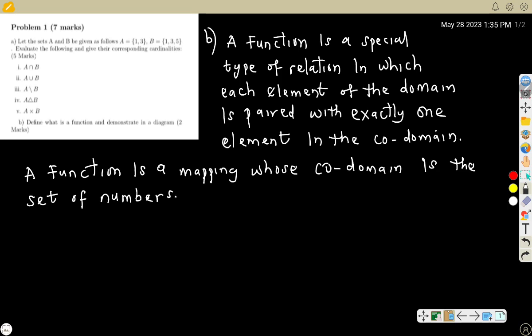So example using a diagram. Say we should demonstrate using a diagram. So let me just use a one-to-one as example.